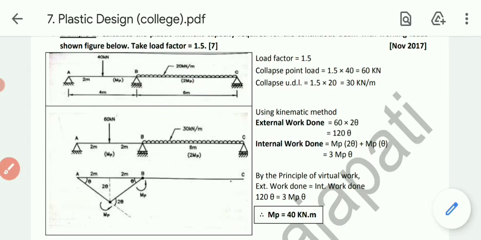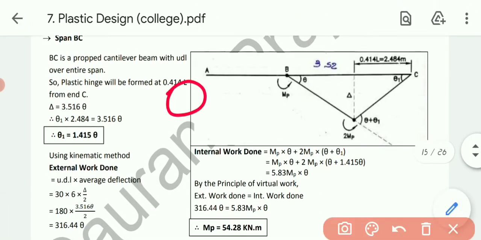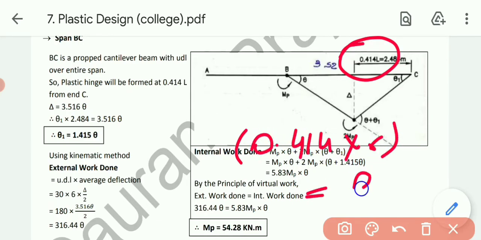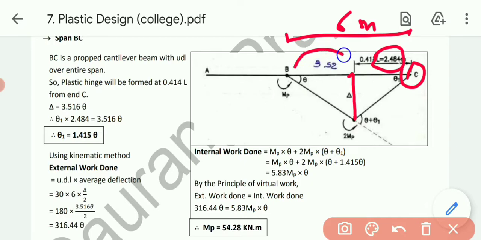Now 0.414 L means 0.414 into 6, that will be 2.48 meter. So from support C, the plastic hinge will be produced at 0.414 L. Total is 6 meter, so 2.48 deducted from 6, the remaining is 3.52 meter.